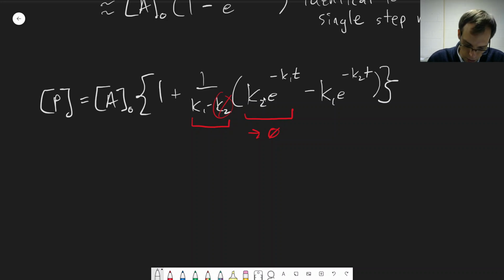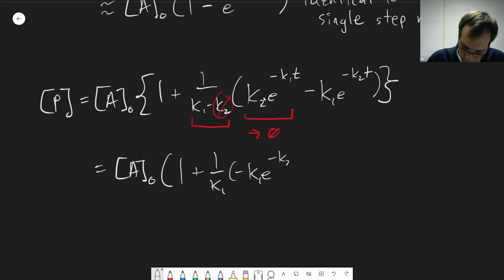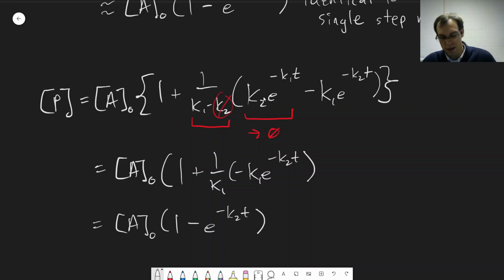Okay, and so we can reduce this down. We'll have 1 plus 1 over K1 times negative K1 e to the minus K2t. Now our K1s cancel, so we'll get 1 minus e to the minus K2t. And now we see this is different, the key difference being that our K value in the exponent is now significantly different.